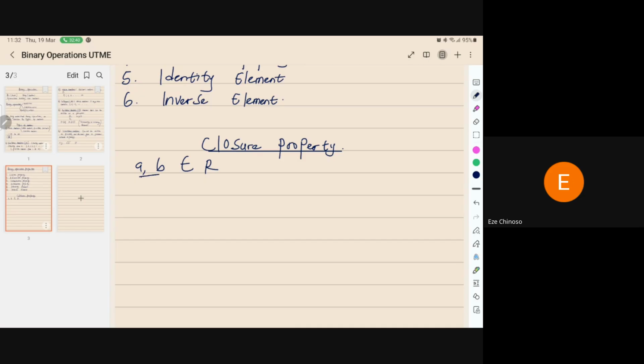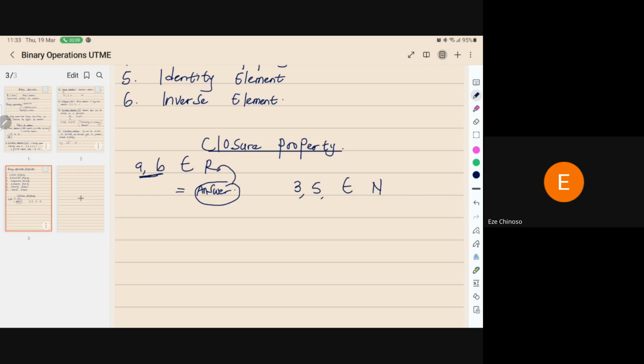If I perform any operation on these and it gives me an answer, and that answer is also a member of that very set, also a real number, that means that set is enclosed. That's what we mean by the closure property. Another example: let's say I have 3 and 5, elements of natural numbers.